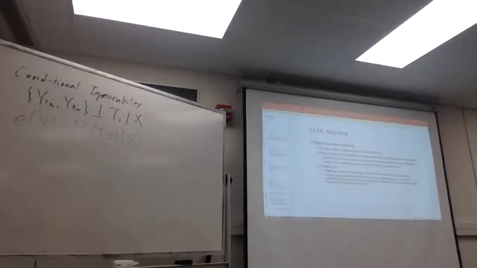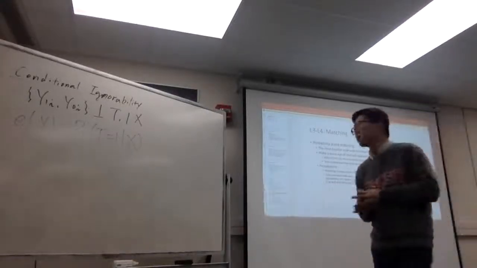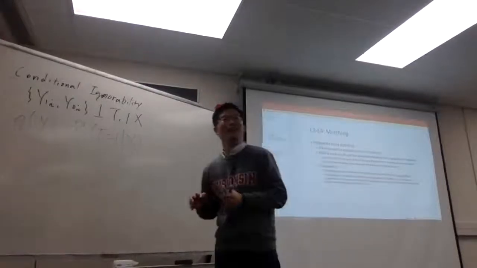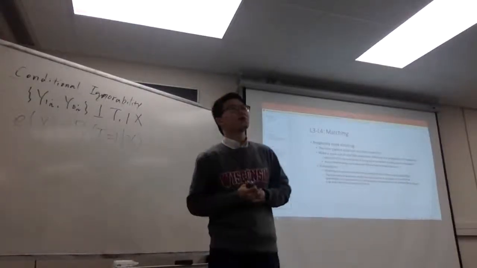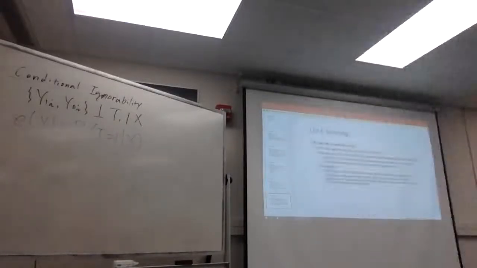And then you create matched pairs based on the estimated propensity score. The logic behind that is that based on these covariates, you have a similar level of propensity scores, or likelihood of being treated, and then you consider them comparable.